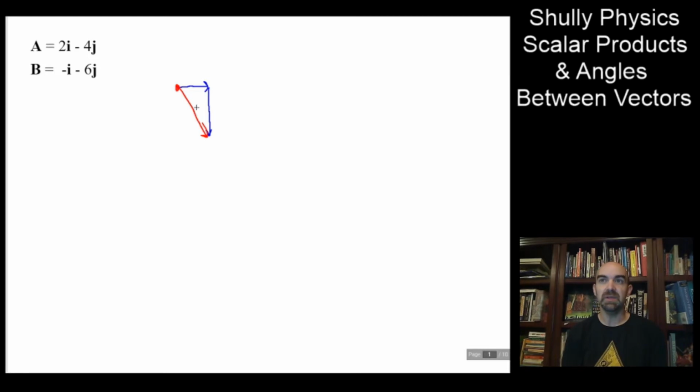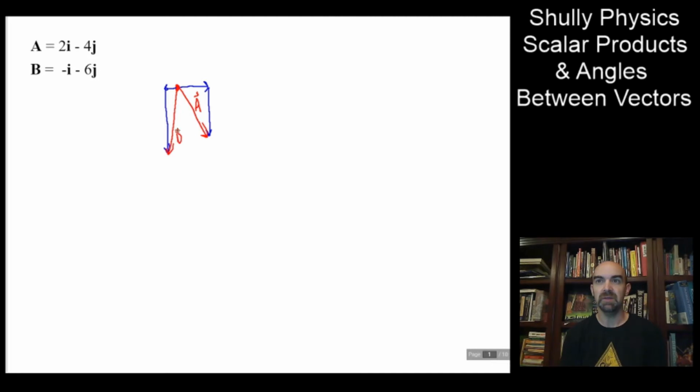And vector B, let me label vector A. Vector B is negative i minus 6j. So negative i would be a negative 1 in the x direction and minus 6 in the y direction. All right, so that would be a vector that looks a little something like this.